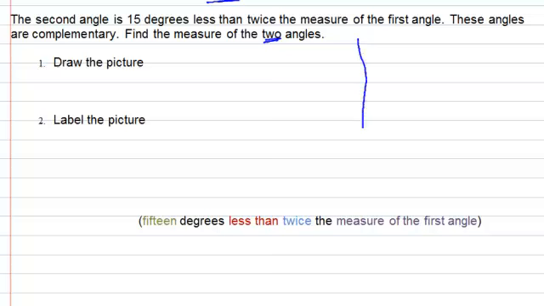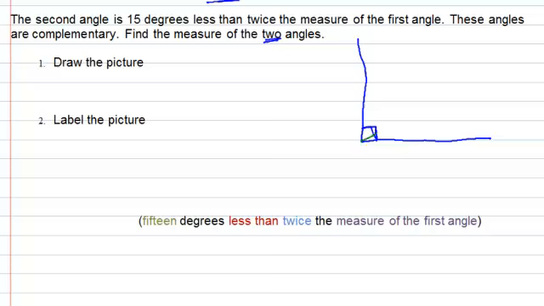So as soon as we know that they're complementary, we know, and I don't do a great job writing a perfect right angle, but believe me, I'll put that there, and now that tells me that this is a right angle. So you're going to have to trust me on the right angle thing. Now it says that these 2 angles are complementary, which means there are 2 angles that make this up.